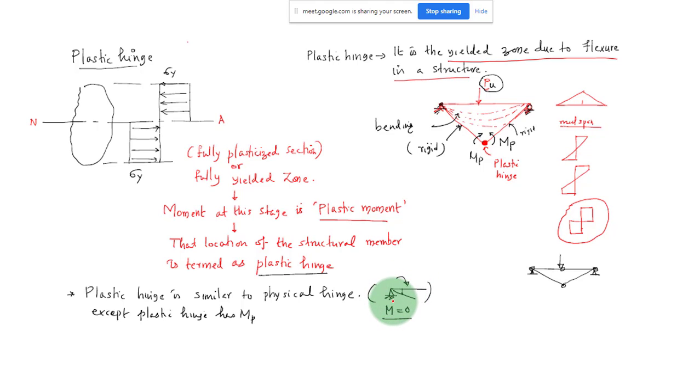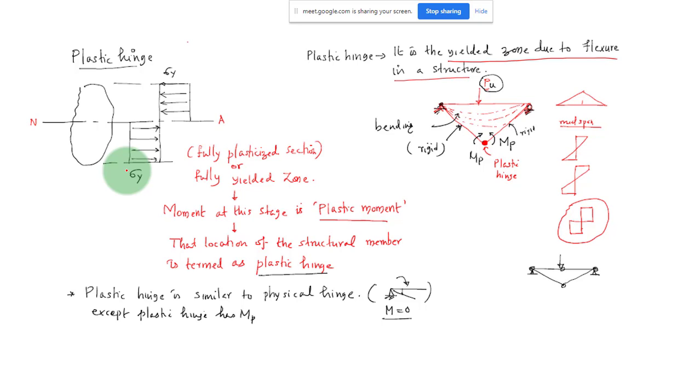Once the cross section reaches this stage, it will also behave like a hinge, but the stress distribution at that section is fully plastic. That is why a completely yielded zone of your beam is called a plastic hinge.